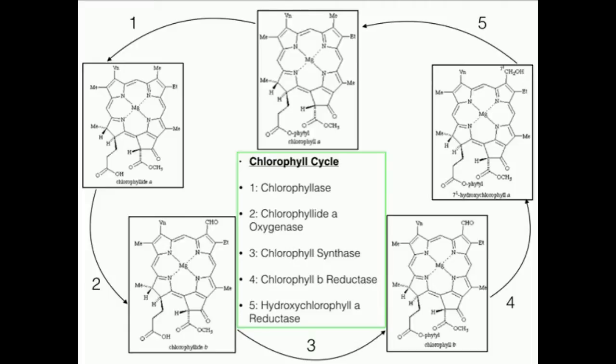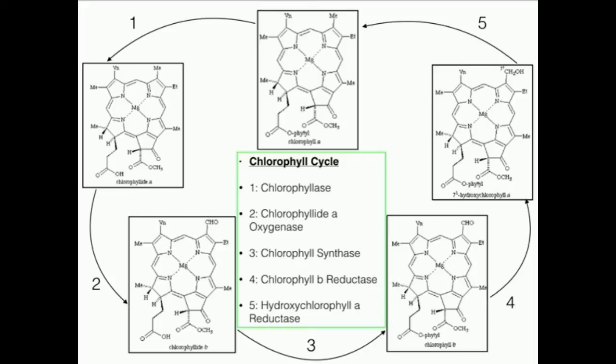That gives us this molecule, which is called 7-hydroxychlorophyll A. If we want to get rid of that hydroxyl group and get back to the methyl group characteristic of chlorophyll A, we need to use enzyme 5 here, which is hydroxychlorophyll A reductase. That's going to completely get rid of this OH and get us back to chlorophyll A. So this right here is termed the chlorophyll cycle, and it's going to basically interconvert chlorophyll A and chlorophyll B.